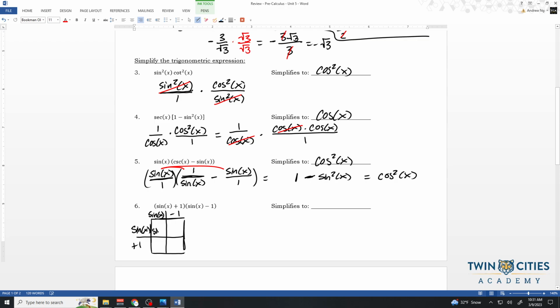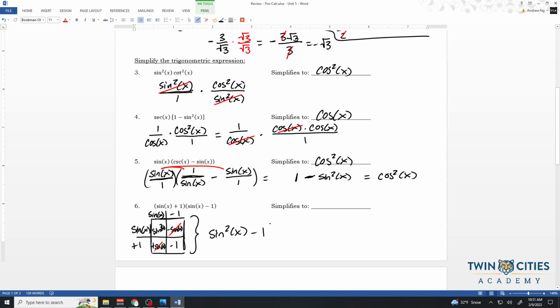This will be sine squared of x. This will be negative sine of x. This will be positive sine of x. And then negative 1. When I go to combine like terms, I've got a negative sine of x and a positive sine of x. Those will divide out. And what I'm left with is sine squared of x minus 1.